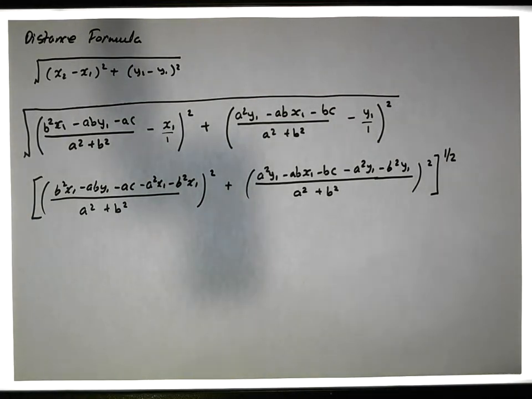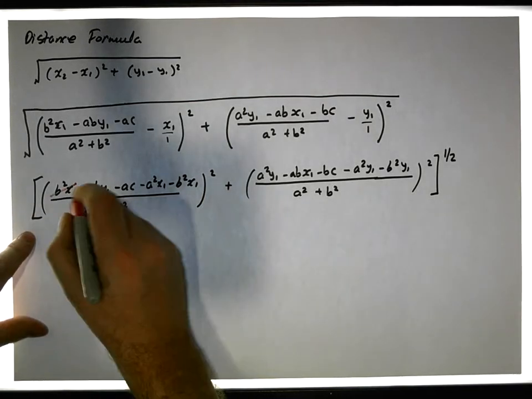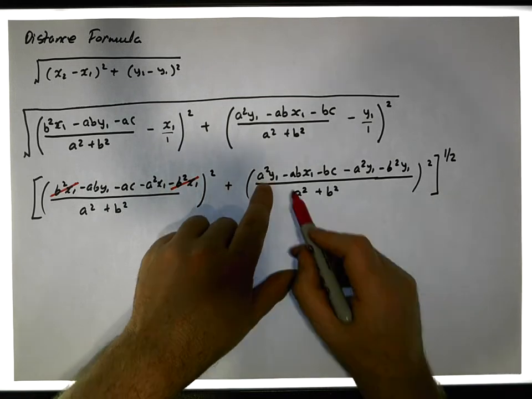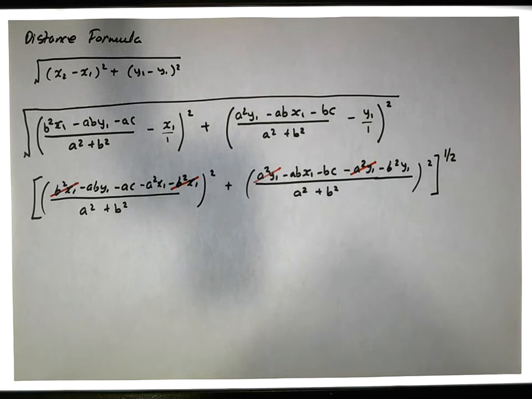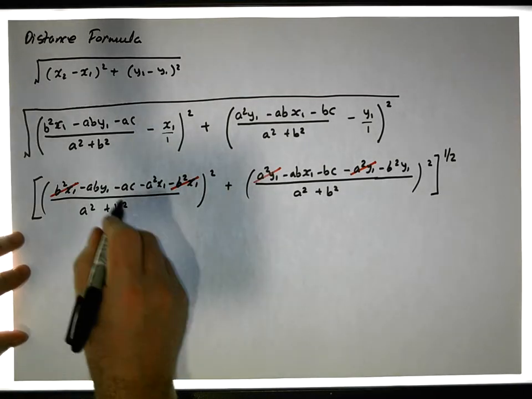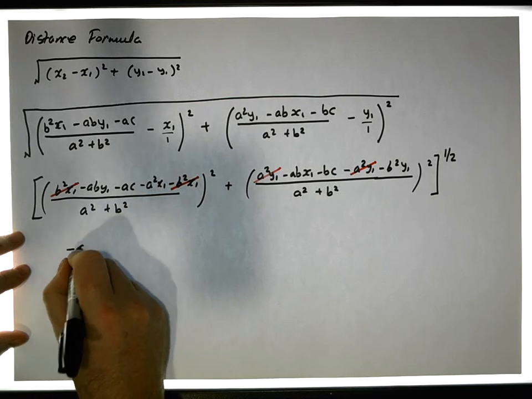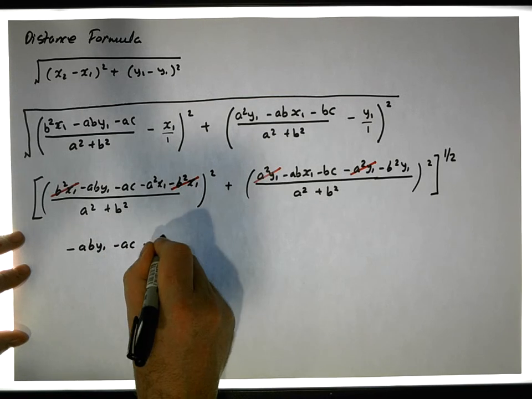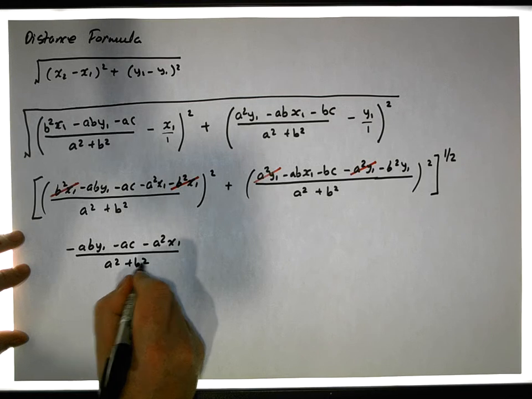Hopefully we can see what's actually happening here. We have some terms that cancel out. The b squared x1 cancels with the b squared x1s. The a squared y1s cancel with the a squared y1s here. So we're left with a couple of terms. We're left here with minus ab y1 minus ac minus a squared x1 all over a squared plus b squared, and that needs to be squared.